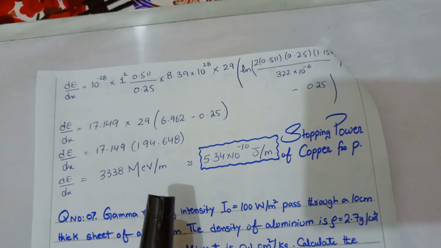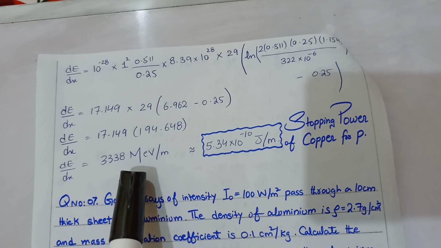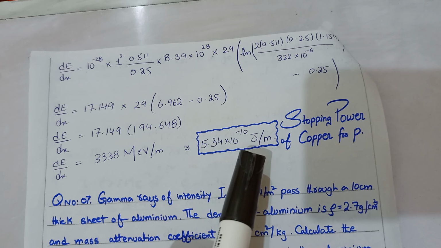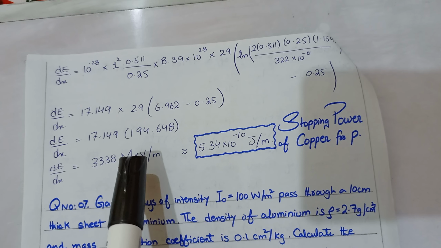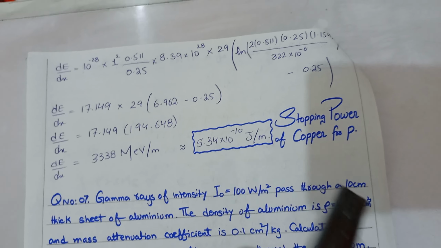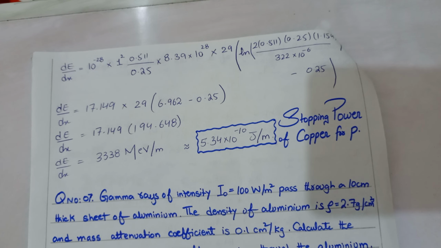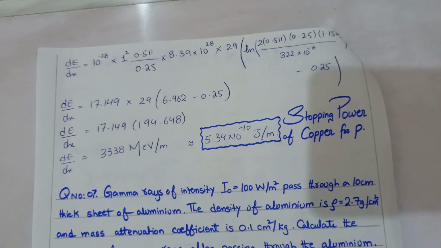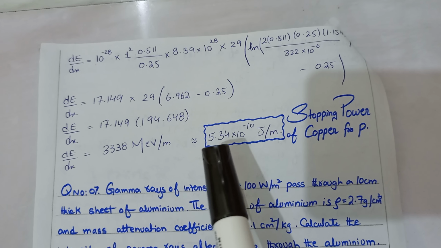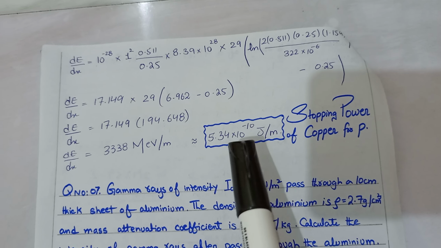You will get your final expression in mega electron volts per meter as 338. For joule per meter, you just have to multiply your answer by 1.6 times 10 raised to power minus 13, and you will get the stopping power of copper for a proton as 5.34 multiplied by 10 raised to power minus 10 joule per meter.